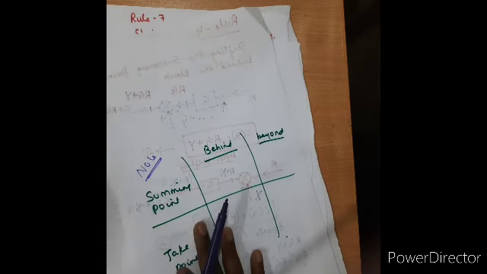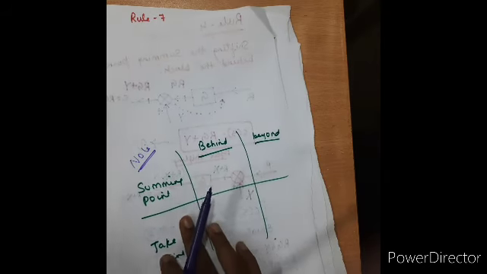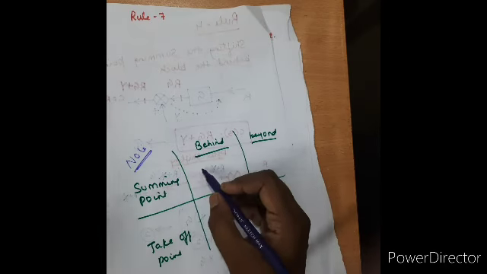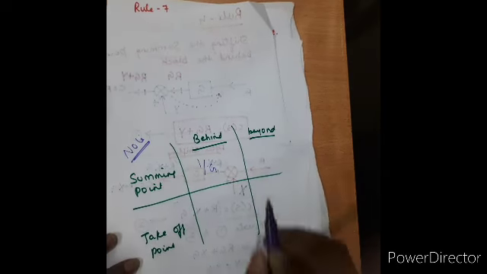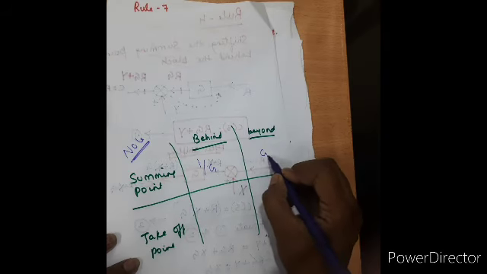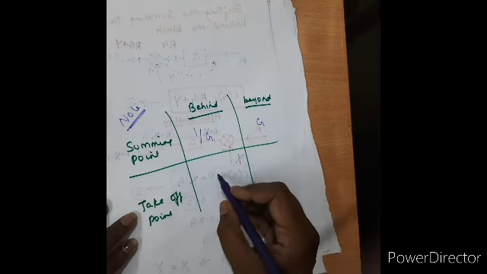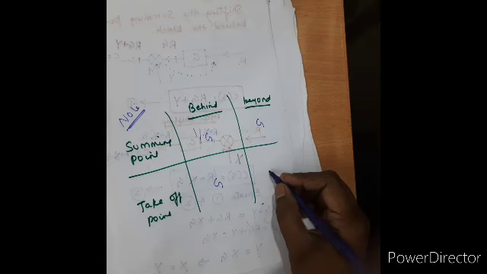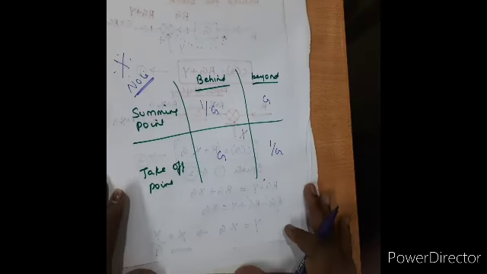When the summing point is shifted behind the block, the block should be multiplied by a gain of 1 by G. When it is beyond, the block should be multiplied by a gain of G. Takeoff point behind the block means it should be multiplied by a gain of G. If beyond the block, it should be multiplied by a gain of 1 by G. This is very important with respect to summing point.